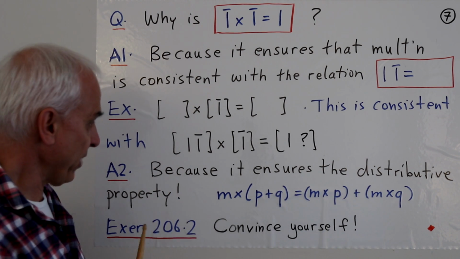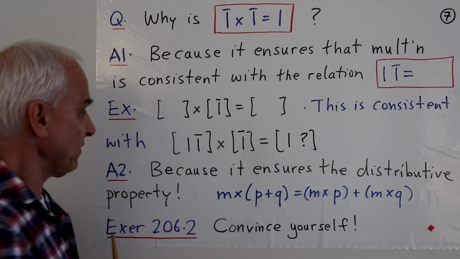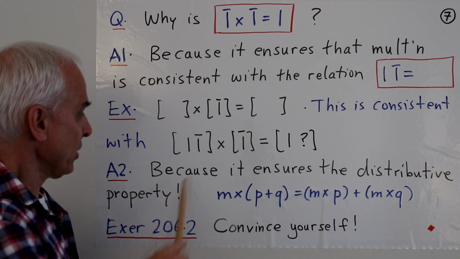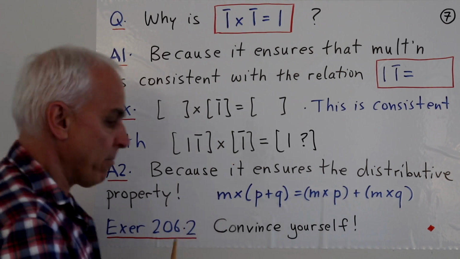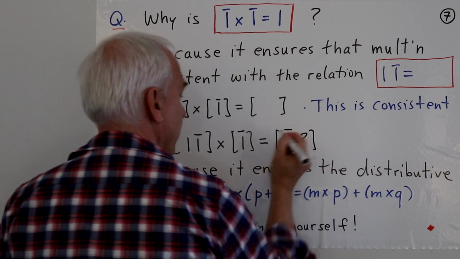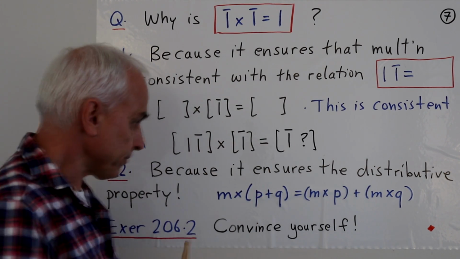Let's work with it temporarily. Let's suppose that we try to do multiplication with this replacement of 0 times our minus 1. So we have 1 times 1 bar. Let's see, I should put a 1 bar here. Okay, so the rule is definitely that 1 times 1 bar is 1 bar.